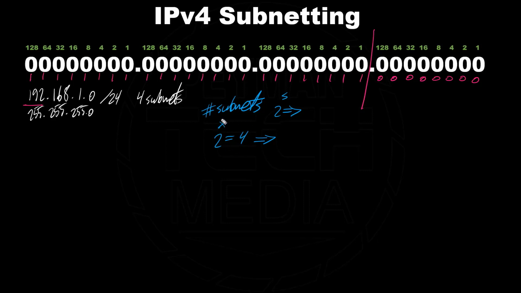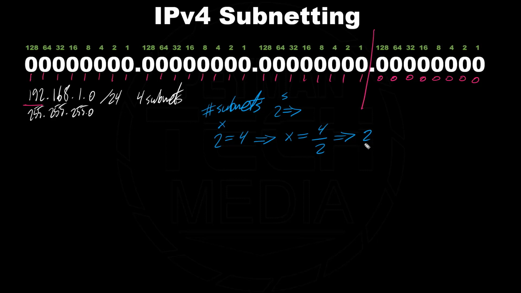So in order to find x, we just need to divide: x equals 4 divided by 2, which is 2. So this is the number of subnet bits. They gave us, we need 4 subnets, so how many subnet bits do we have to get? 4 divided by 2 equals 2. So basically we need 2 subnet bits.